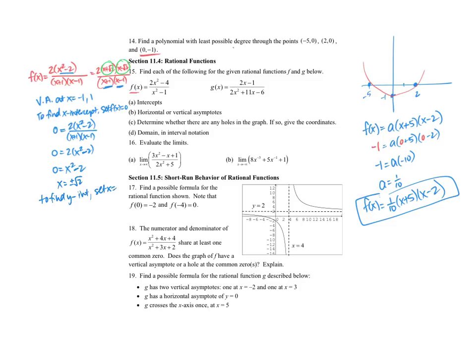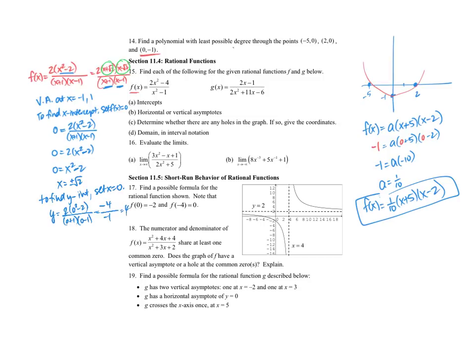And to find the y-intercept, set x equal to 0. And so if I do that, I get y equals 2 times (0 squared minus 2) over (0 + 1)(0 - 1). So that gives me negative 2 times 2, which is negative 4. And on the bottom I'll have 1 times negative 1, which is negative 1.